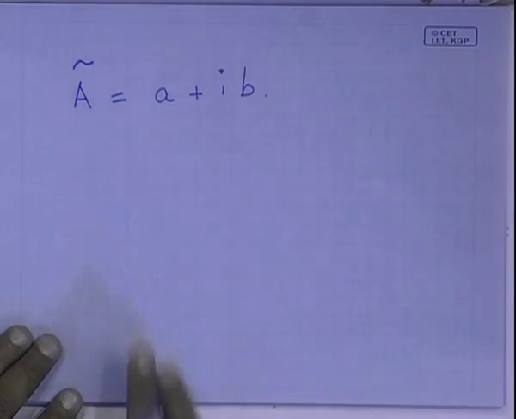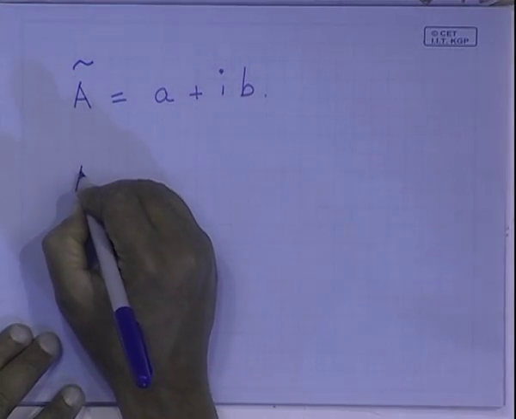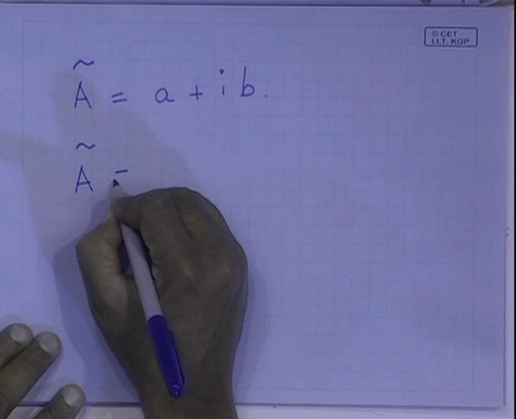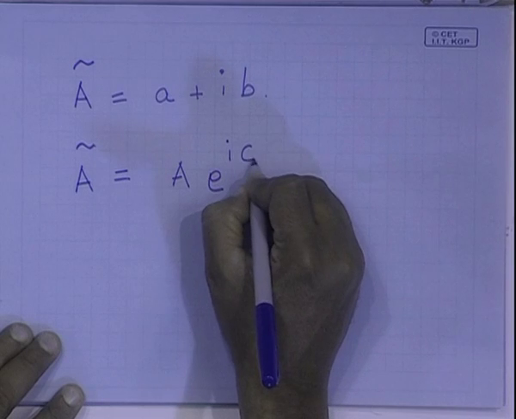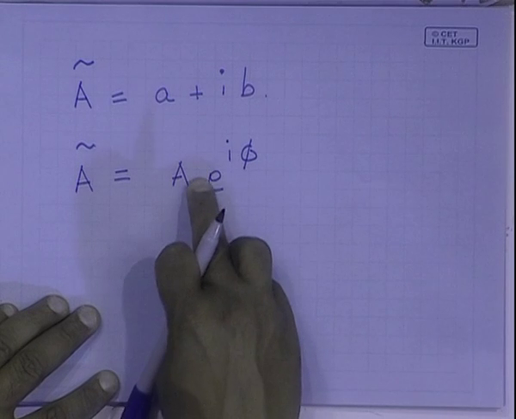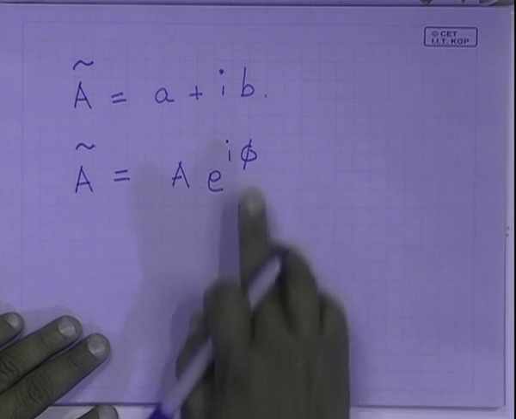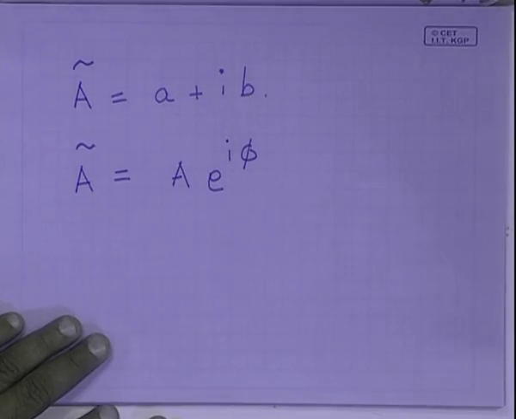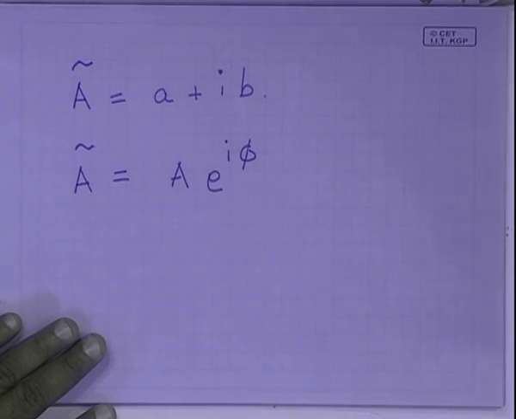So, the problem is to determine these coefficients A and B in terms of the initial position and the initial velocity of the oscillator. You could also represent the complex amplitude as a real magnitude and a phase. So, the next part of the problem is to determine the real amplitude and the phase from the initial conditions. Let us first take up the first part of the problem, where we will determine these coefficients A and B in terms of the initial conditions.